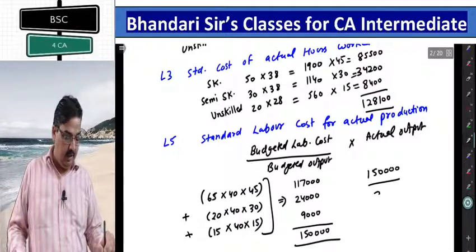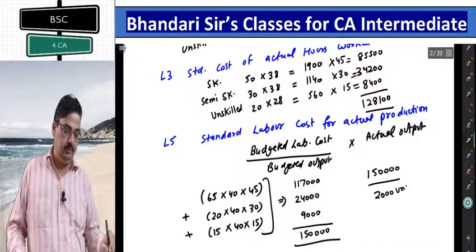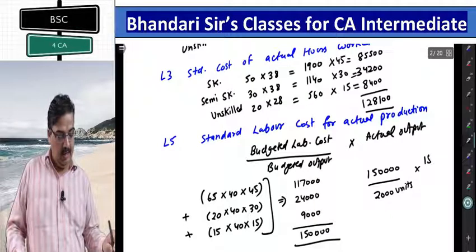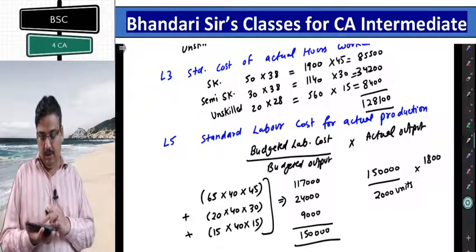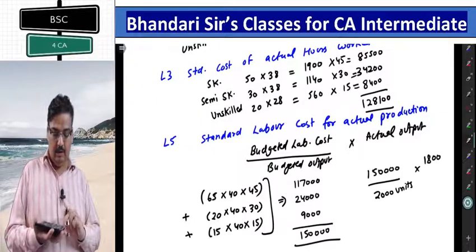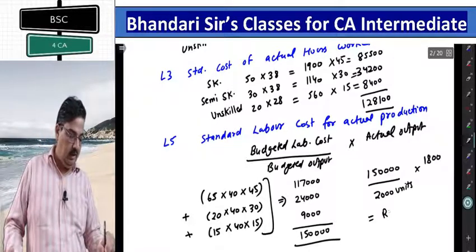Standard output given there is 2,000 units, multiplied by 1,800 units actual. So 1,50,000 divided by 2000 into 1800, 75 into 1800, is 1,35,000.